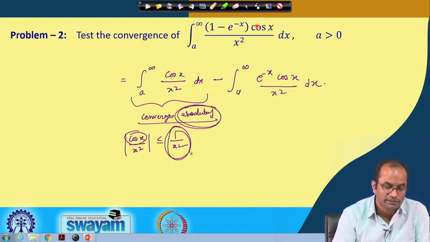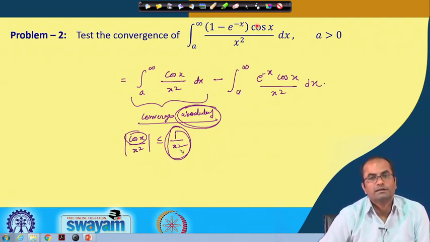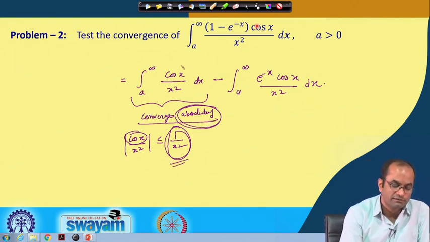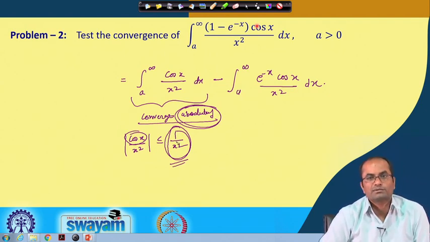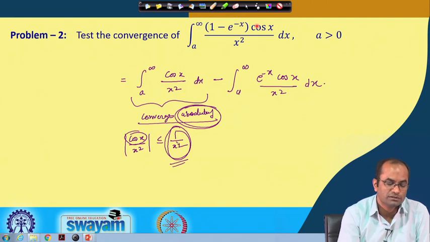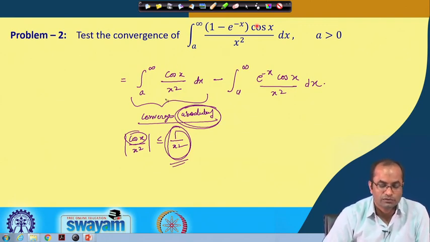We know the integral from a to infinity of 1 over x square converges, and in that case this integral will also converge, because 1 over x square is a dominating function whose integral converges.